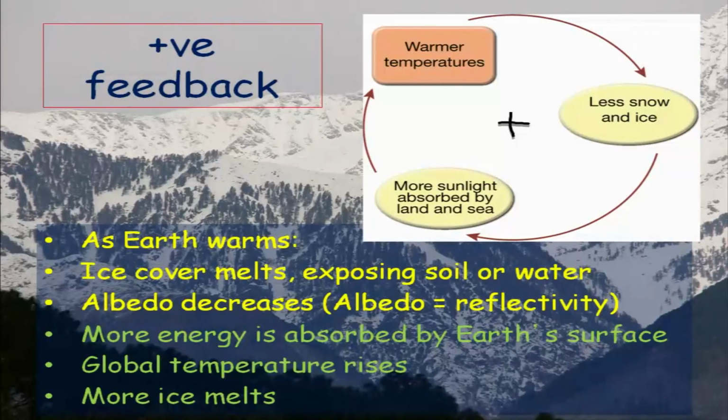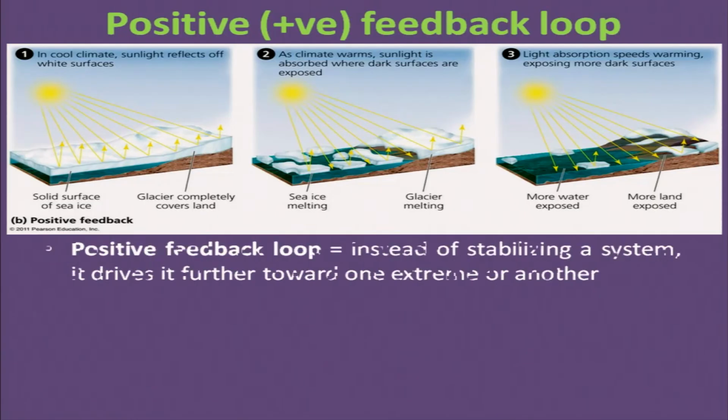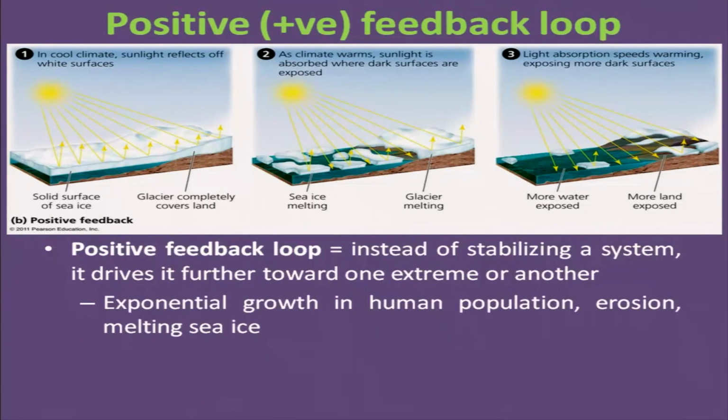Warmer temperature, less snow and less ice, more sunlight absorbed by land and sea. This is a positive feedback system. Another positive feedback is the same as we were talking about. In a positive feedback loop, instead of stabilizing a system, it drives it further towards one extreme or another.